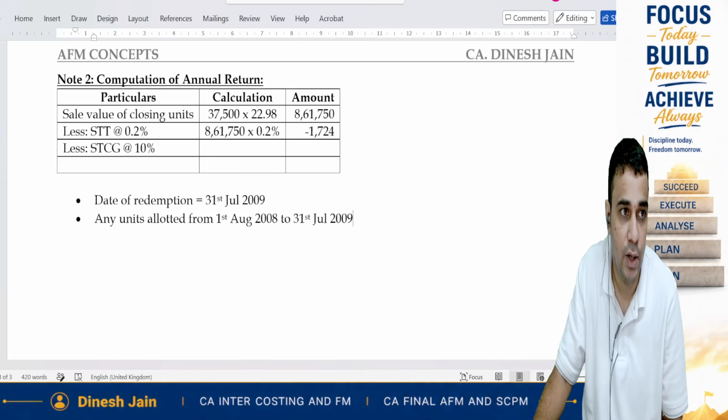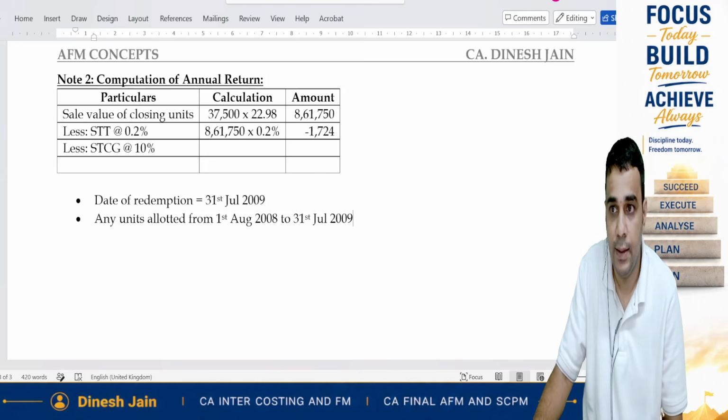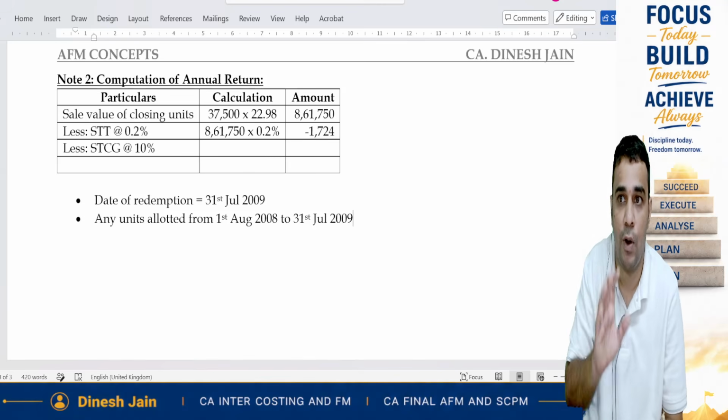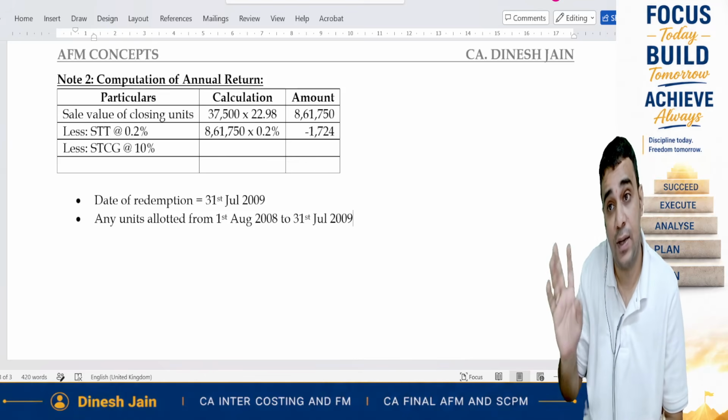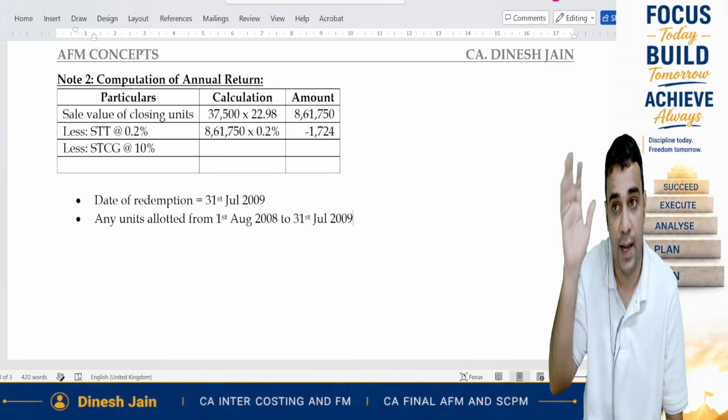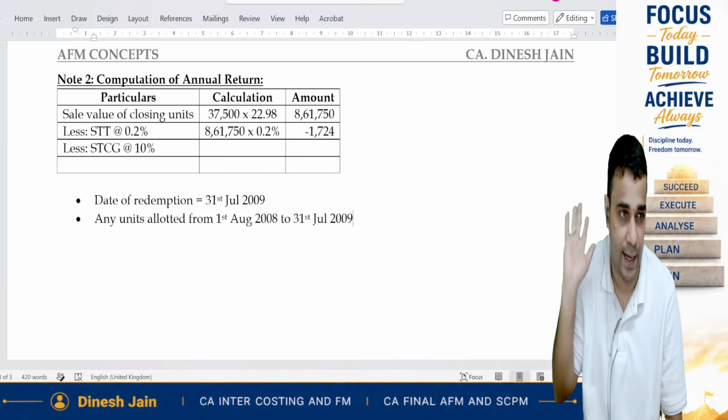If LTCG is also taxable, then every time you have to pay tax, a longer calculation.